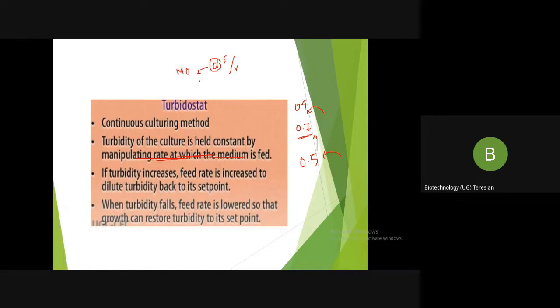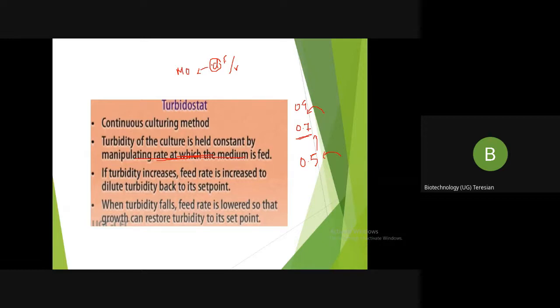Others are all constant. Your pH is constant, your temperature is constant, your culture is constant, the density is constant. But you can vary your dilution rate. It is a controllable variable. Only this is a variable. So continuous culture devices are means for maintaining the cell population in the exponential growth phase for a long period.